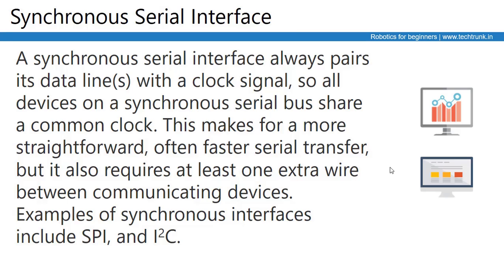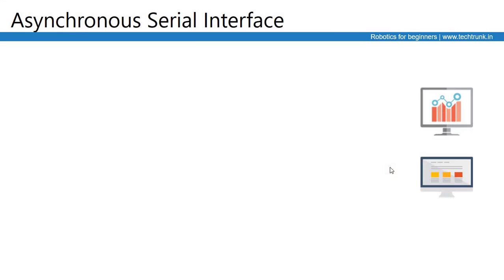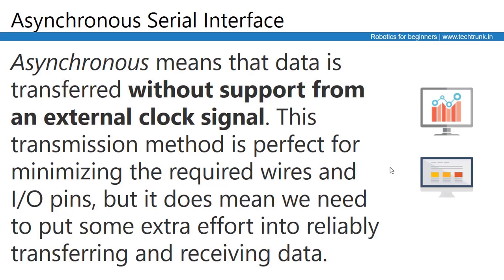There's another interface that is called the asynchronous serial interface. An asynchronous serial interface means that data is transferred without support from an external clock signal. It means the two devices communicating with each other do not share a common clock. So this transmission method is perfect for minimizing the required number of wires and input-output pins.